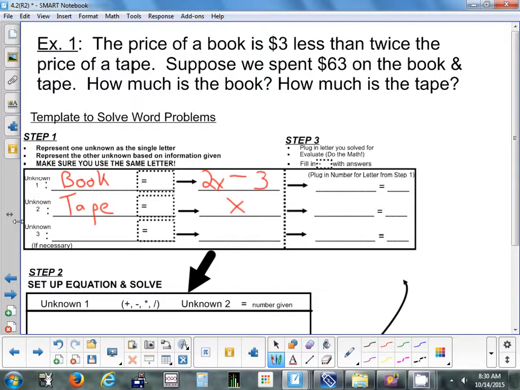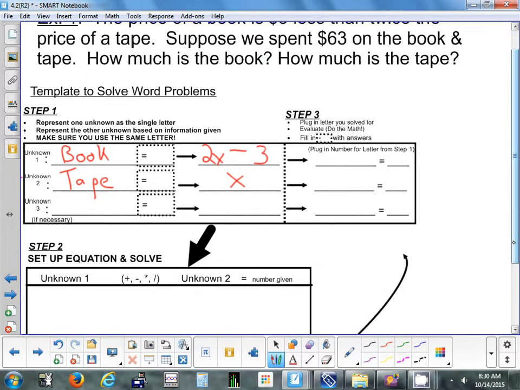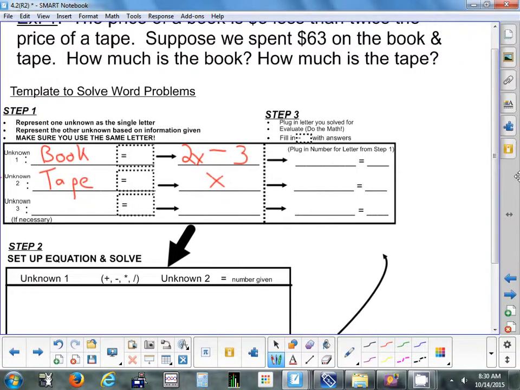Now I'm going to take this information and plug it in. All I'm doing right now is taking unknown 1, putting it down here, taking unknown 2, putting it down here. Then I'm going to figure out, see how I have my different signs here?